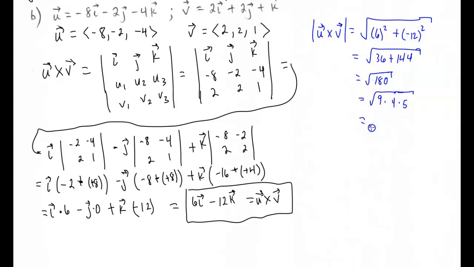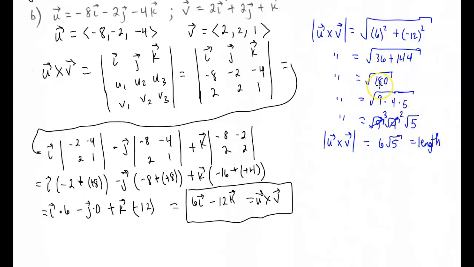And of course, this could be rewritten this way. That 5 didn't come out real nice. And essentially here we know that the square root of 9 is 3, the square root of 4 is 2, so 3 times 2 is 6. And this will be our length.